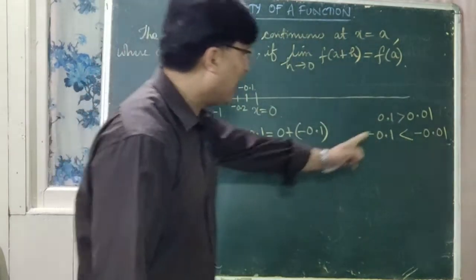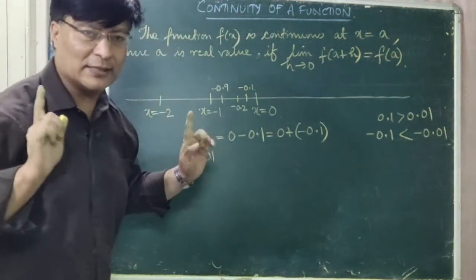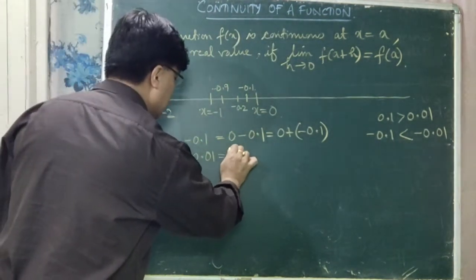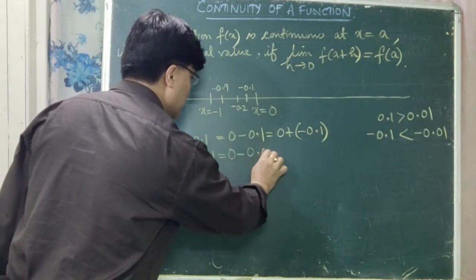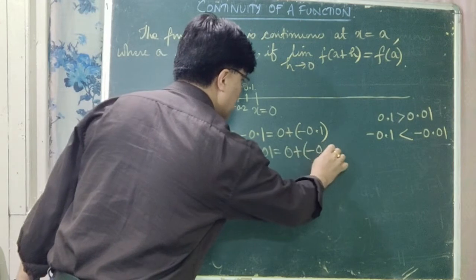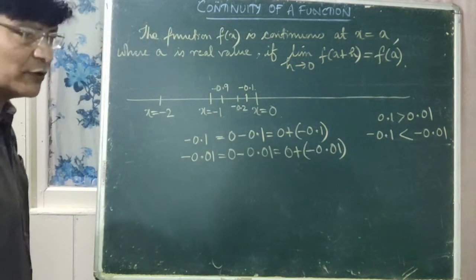That is, -0.01 is greater than -0.1. Is that understood? So you can write here 0 minus 0.01, or you may write 0 plus within bracket -0.01. Is that clear to all of you?